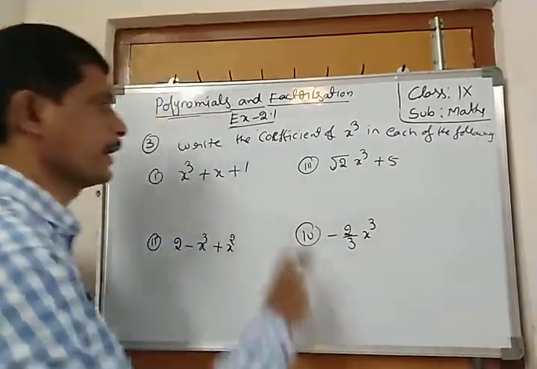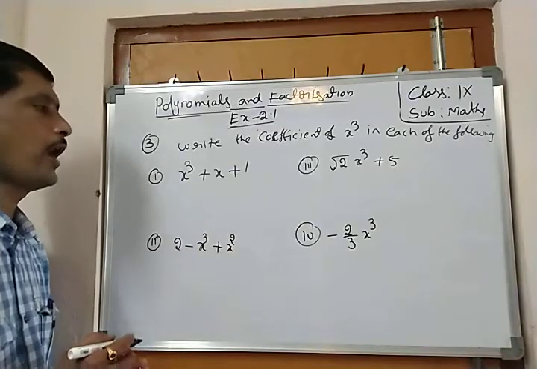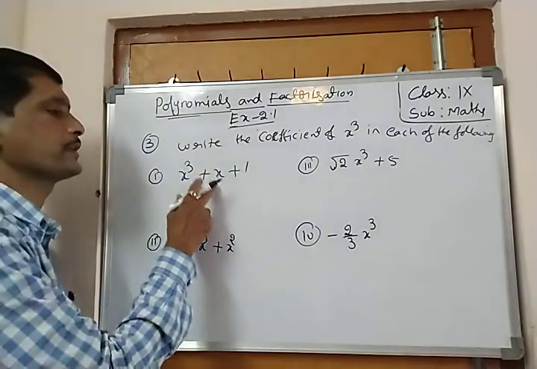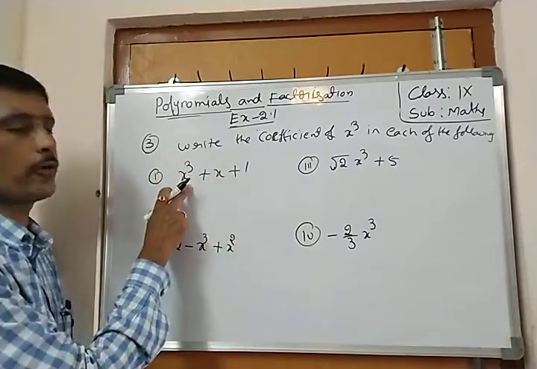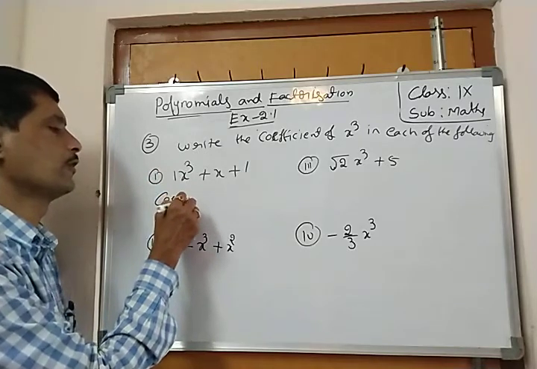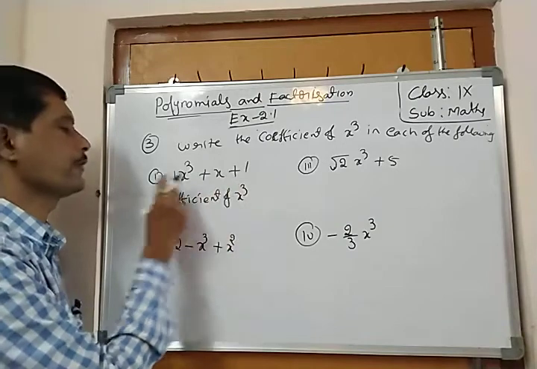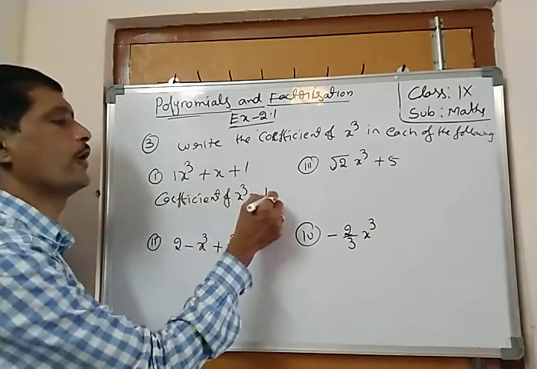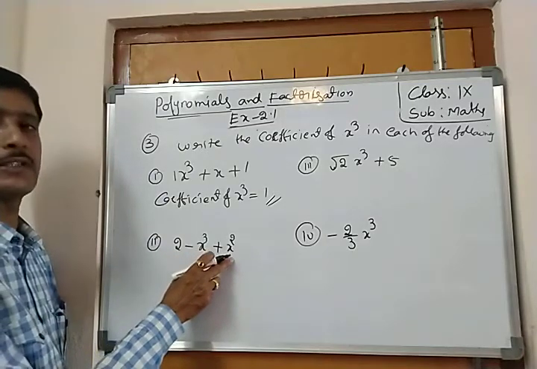Here, see, write the coefficient of x cube in each of the following. Here x cube plus x plus 1, that is 3 terms. The x cube term is there, therefore the coefficient of x cube is equal to 1. Next one is 2 minus x cube plus x square.